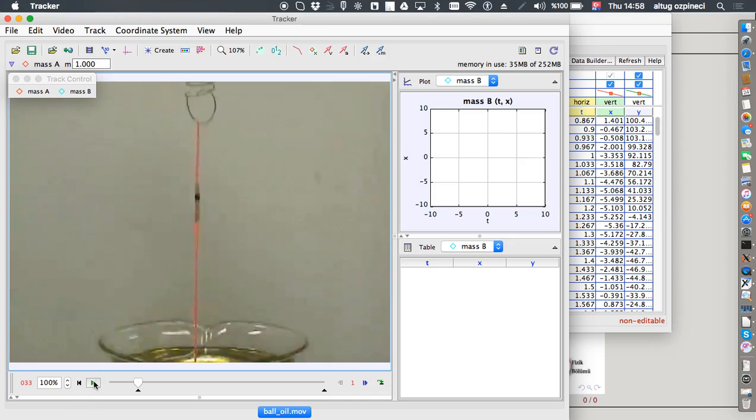Okay, so let's just watch the video. So just follow this stuff. So this was the initial amplitude, somewhere over here. It is getting smaller and smaller with time.